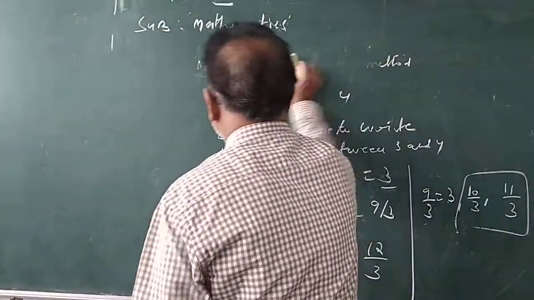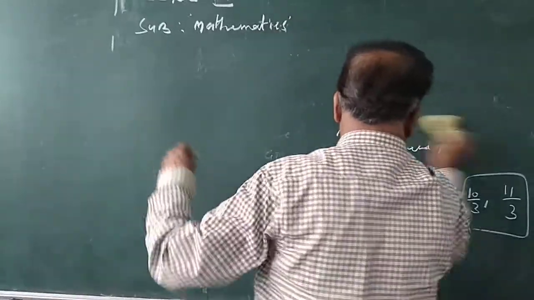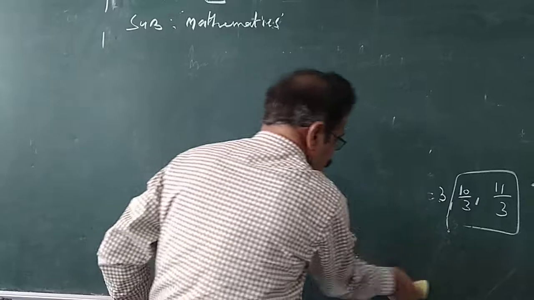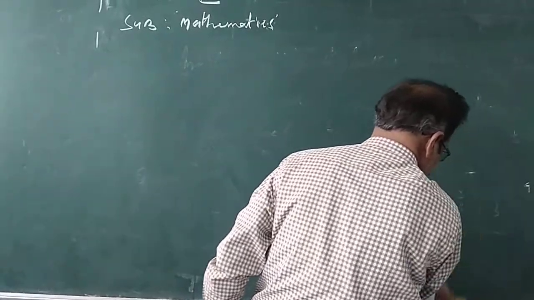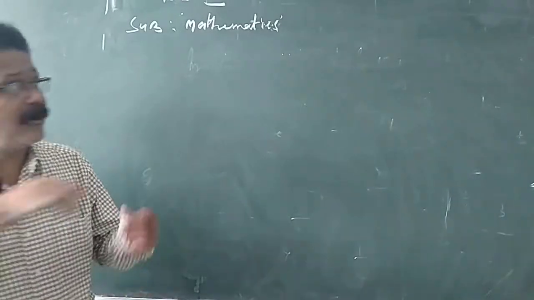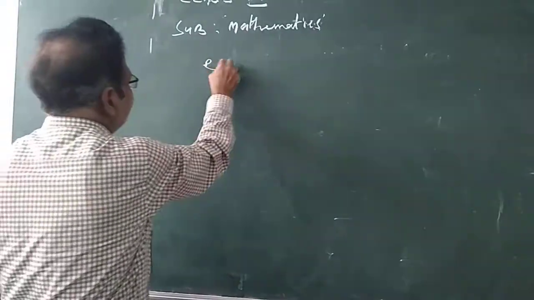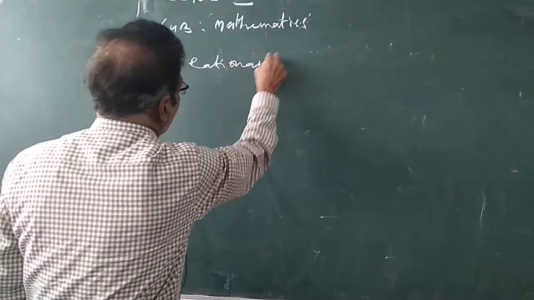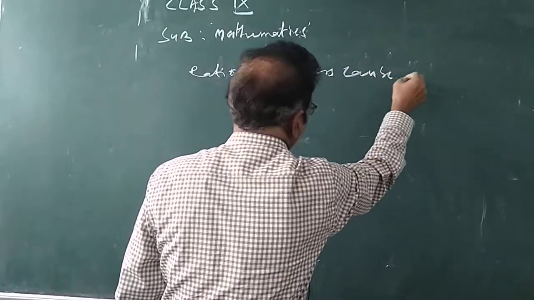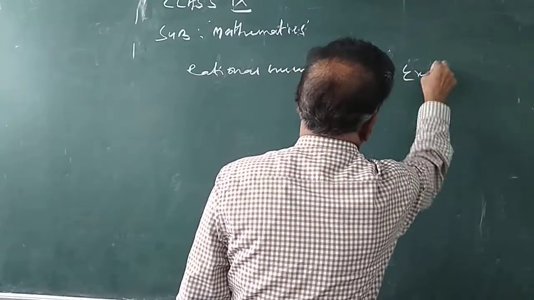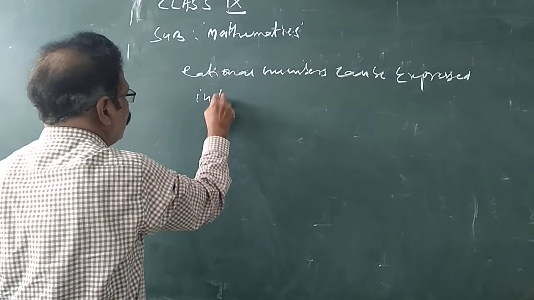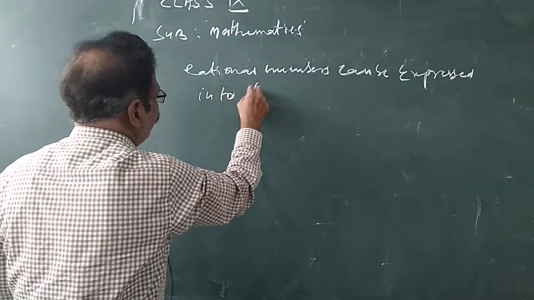Now next, a rational number can be converted into two forms. Rational number can be expressed into two forms.